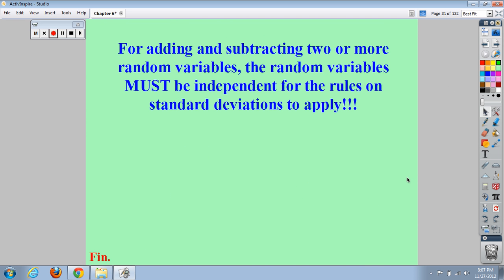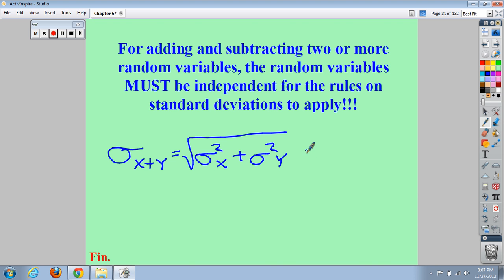So for adding and subtracting two or more random variables, this is one thing you must make sure is mentioned. The random variables must be independent for the rules of standard deviations to apply. So the only time that you may do this is if x and y are independent.